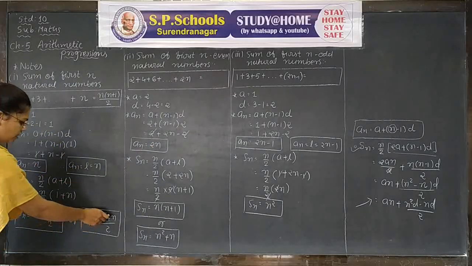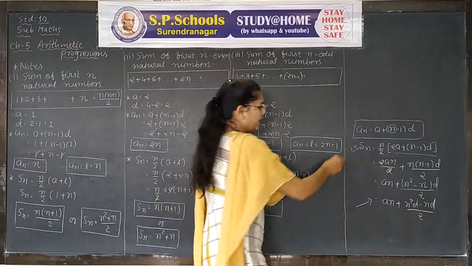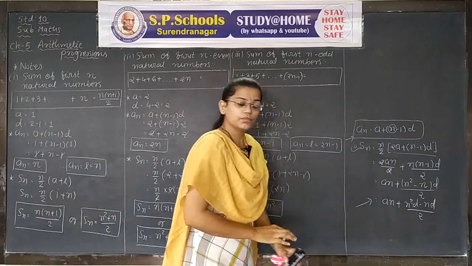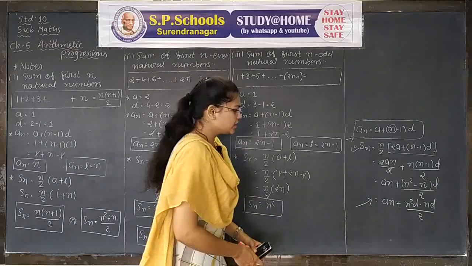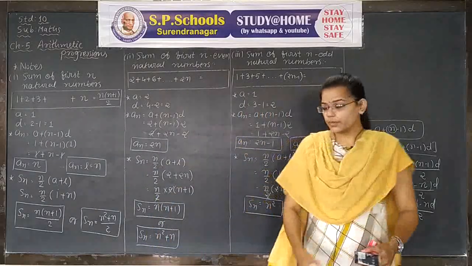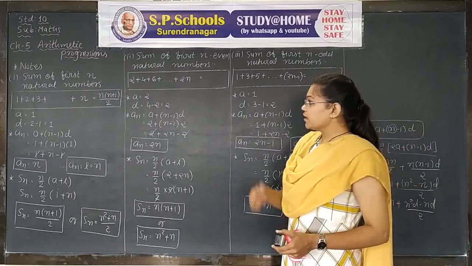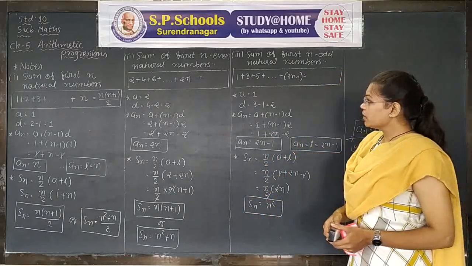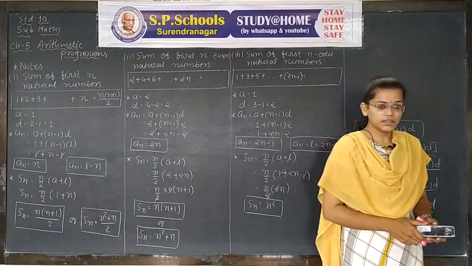But in Sn, we get the square of n in each one. That's why an is called a linear form of polynomial, one type of polynomial, and Sn is the form of a quadratic polynomial. So keep in mind there are 3: sum of first n natural numbers, sum of first n even natural numbers, and sum of first n odd natural numbers. Let's see the next one.